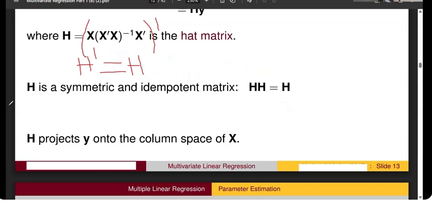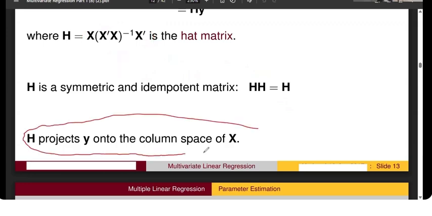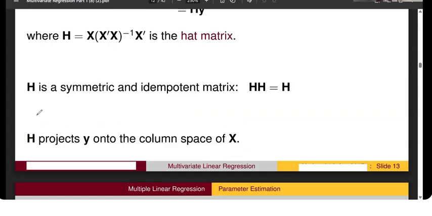The moment that holds, this hat matrix will enable us to project the actual Y onto the column space of X. When you do that, you'll be able to have a prediction. So that is the job of the hat matrix. The hat matrix enables us to project the actual response onto the column space of X, in a way becoming a predicted response.